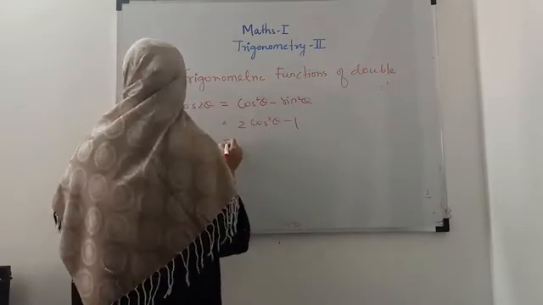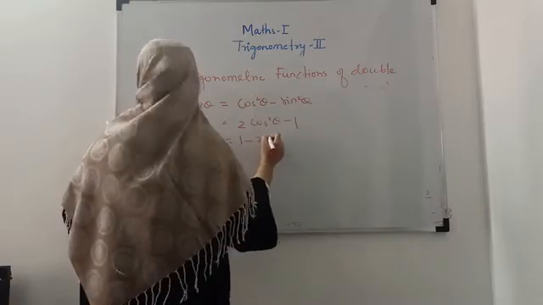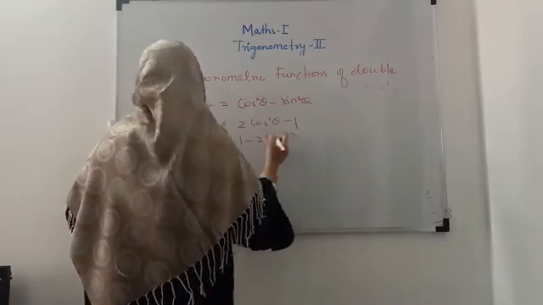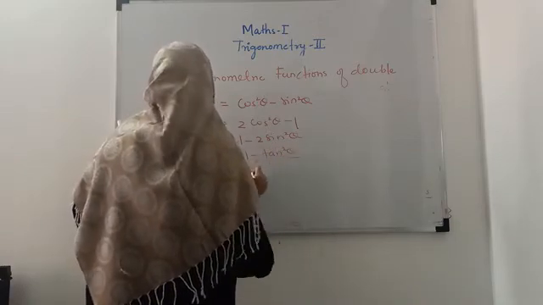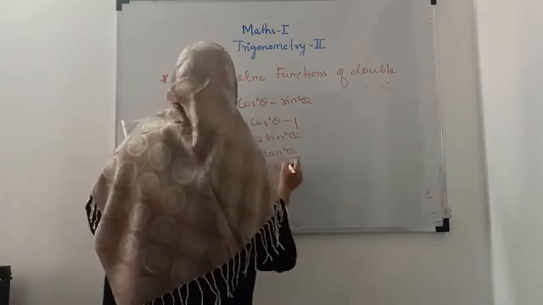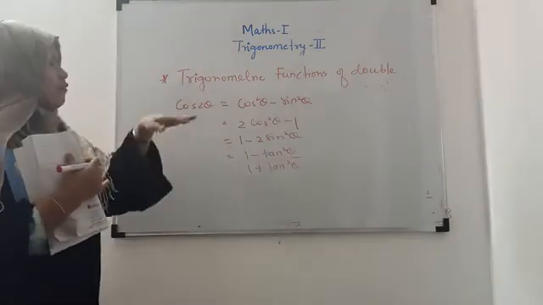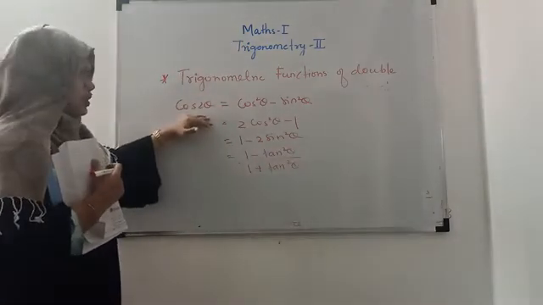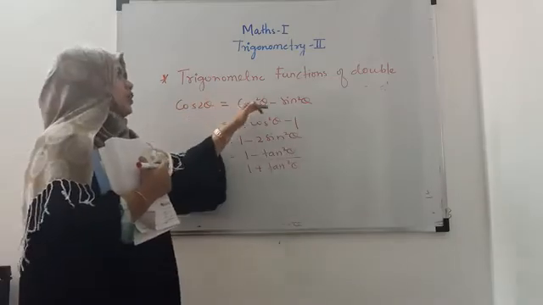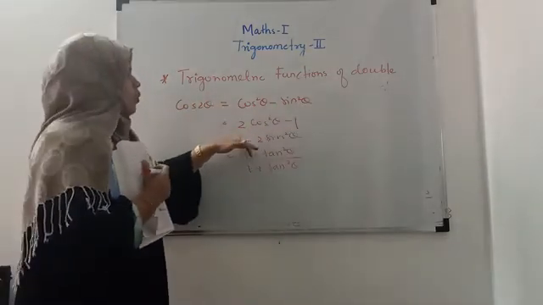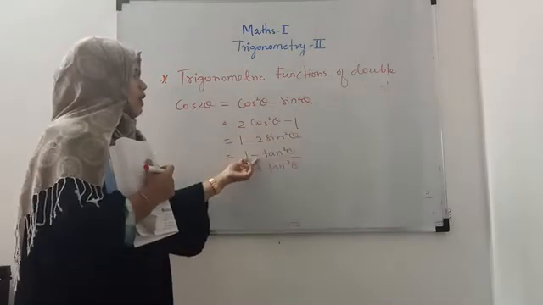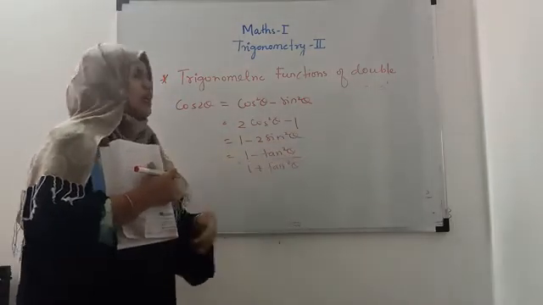The third formula is 1 minus 2 sin square theta, and the fourth one is 1 minus tan square theta upon 1 plus tan square theta. So there are 4 formulas for cos 2 theta.